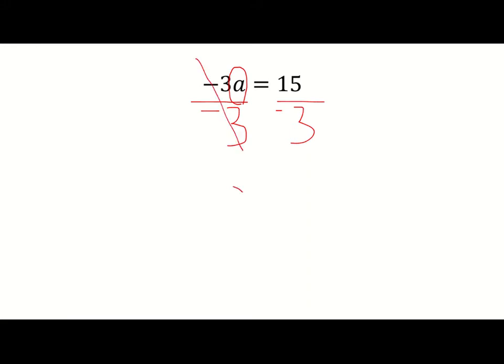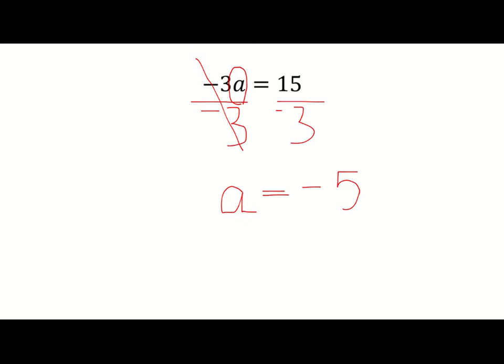So I'm left with a equals, and then if I simplify, 15 divided by negative 3, I know a positive and a negative makes a negative, and 15 divided by 3 is 5. So a would be negative 5.